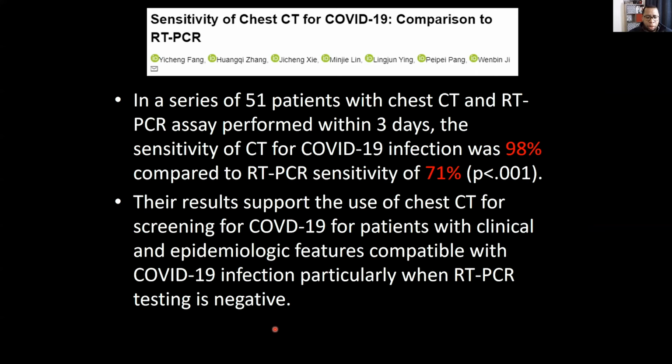And clinical decisions were made on that. And even when the PCR tests were negative, people still got chest CTs. And if they were positive for typical findings or any findings that supported COVID, they were treated as such.